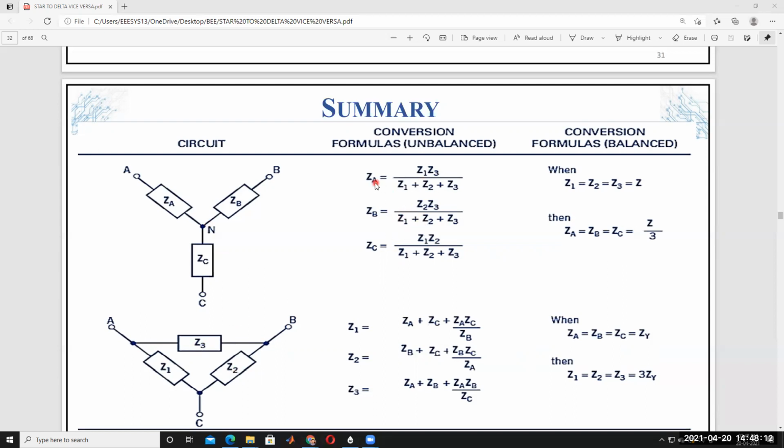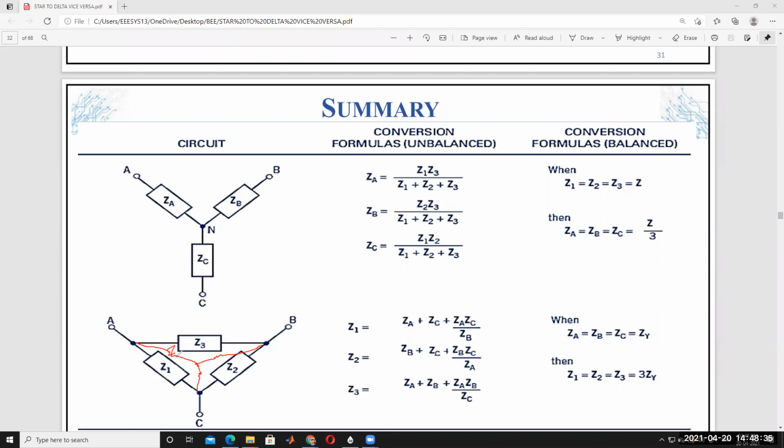So ZA is connected between here. Here is ZA, ZB, ZC.